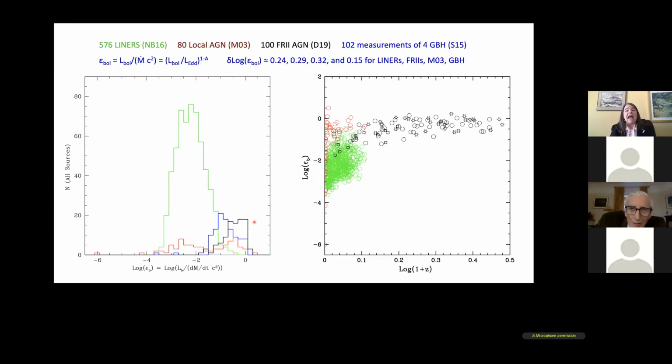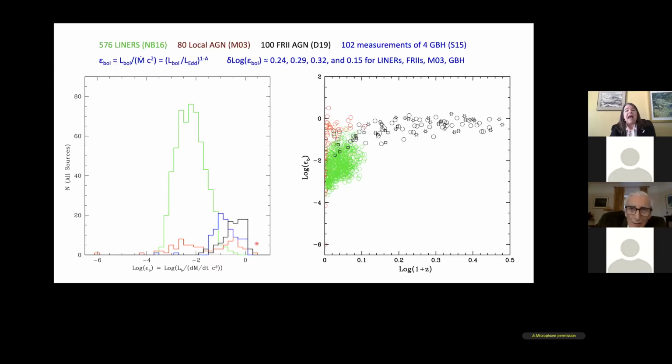Okay, so here are the efficiency factors for the bolometric luminosity of the disk. And you can see that the LINERs come in with a relatively low value, ranging from about 10 to the minus 1.5 to about 10 to the minus 3.5.